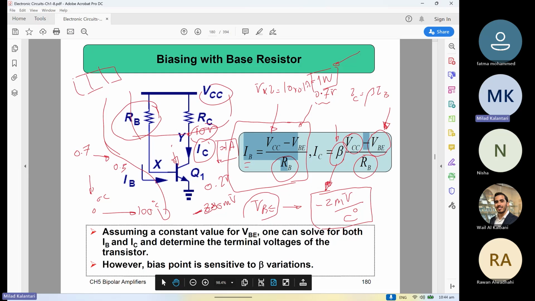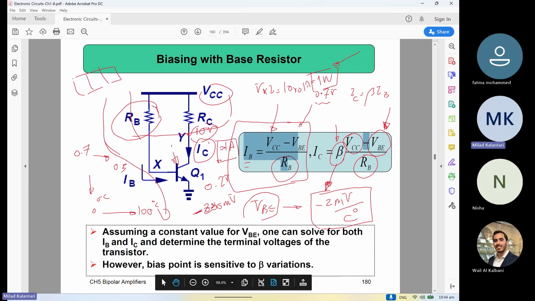You are burning some power inside the device, right? And then the junction temperature of the device, because of this bias, is increasing, right? Because you are wasting some power inside, right? And then what will happen? The temperature goes up.